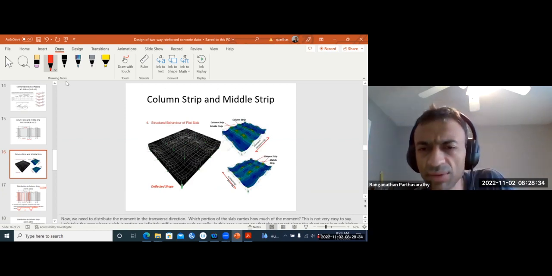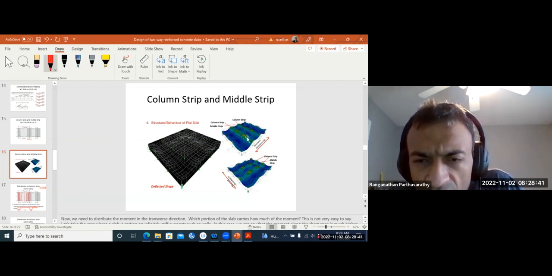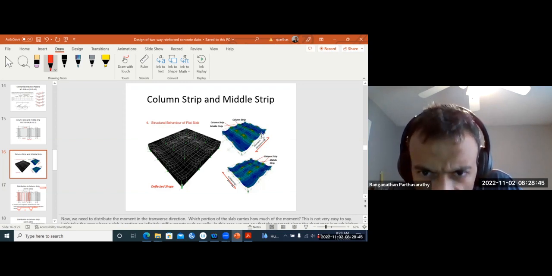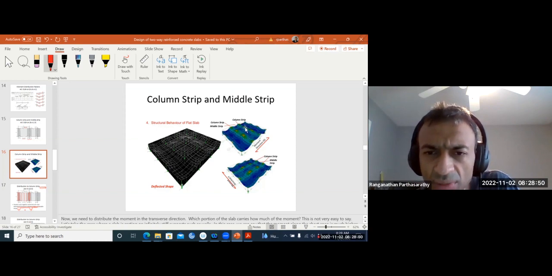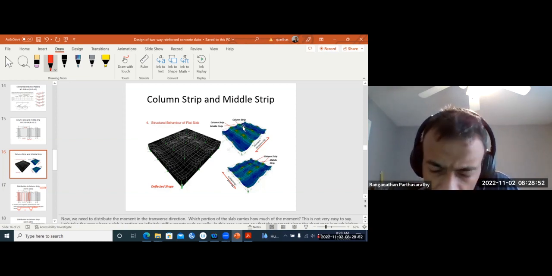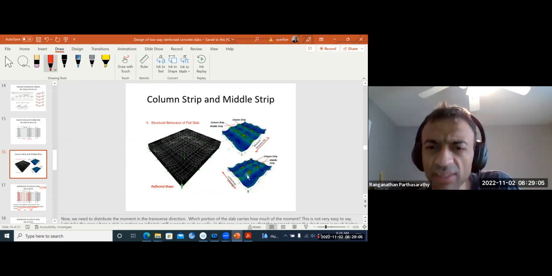So here, for example, using finite element method, you can get some idea of how the moment is being distributed between column strips and middle strips. Just a qualitative explanation here. You can see your moments are a bit less in the middle strips, in between the column strips, for both X and Y directions.